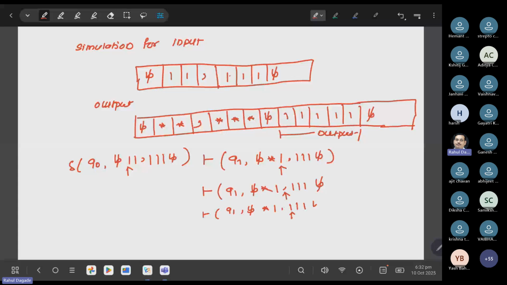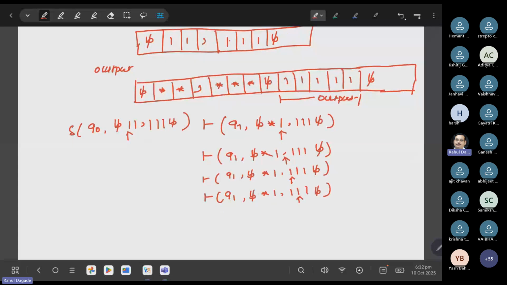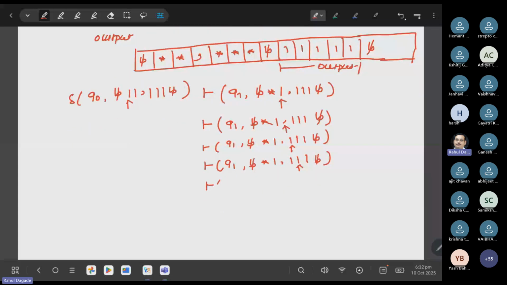Again for 1 it moves the pointer to the right, and again, and again, Q1 blank star 1 comma 1 1 1 blank.